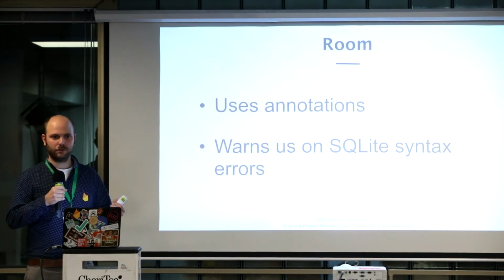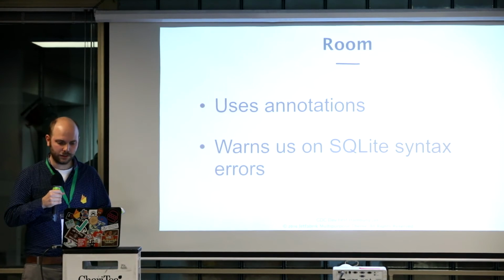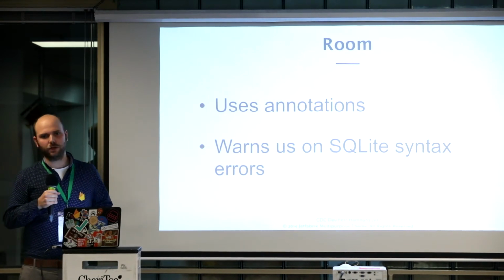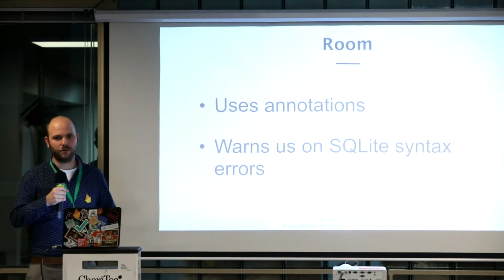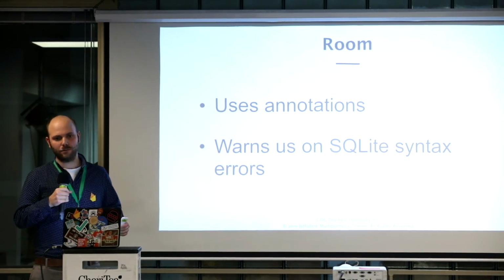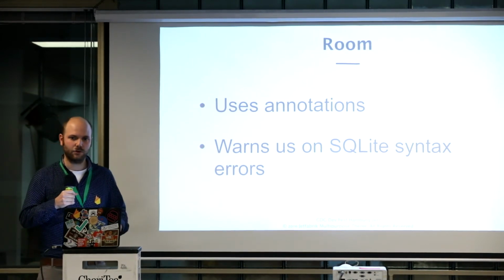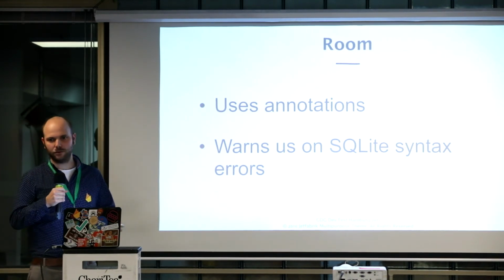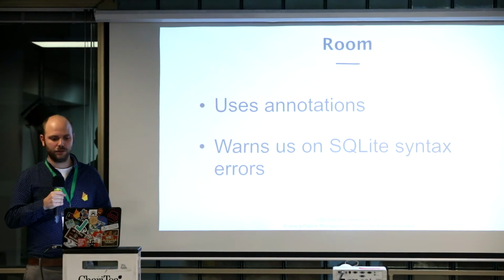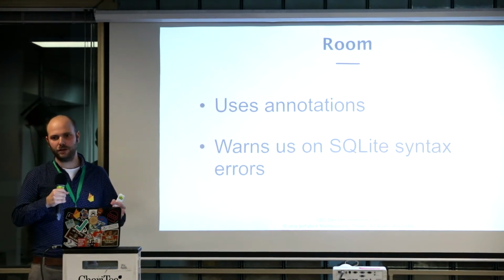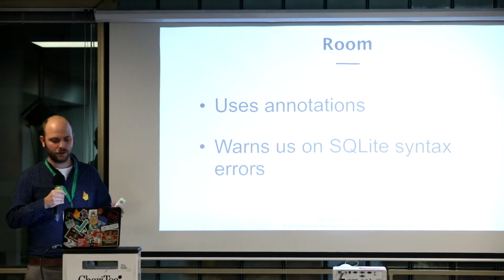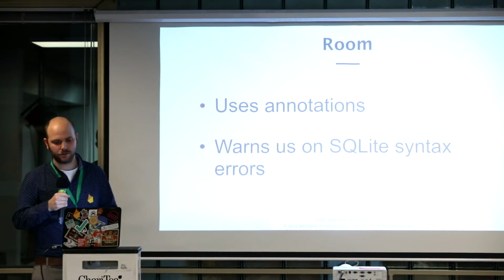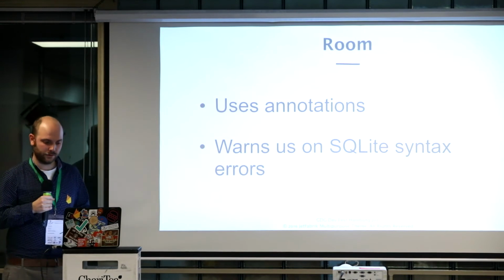Usually when you implement native SQLite, you can get runtime errors. Like if you have some SQLite statement errors, you will find it out only at runtime. It will tell you I couldn't find the table, or I couldn't find the column. And here it happens at pre-compile time. It will let you know if you made some mistakes. So it's really, really useful, especially for beginners.